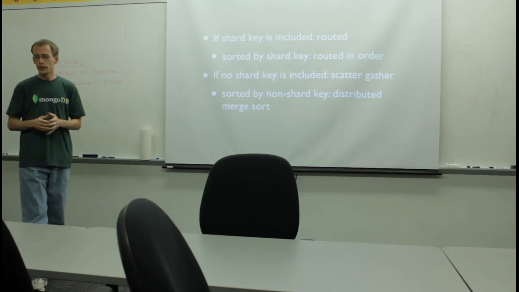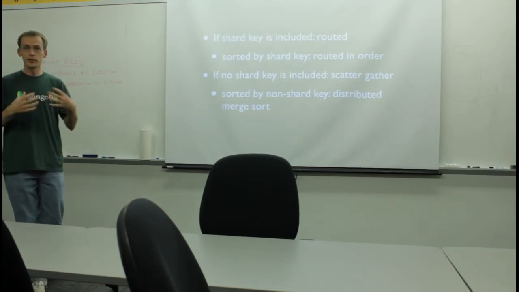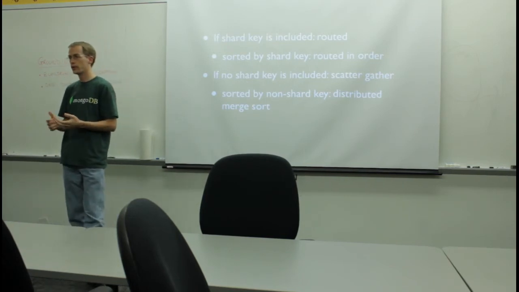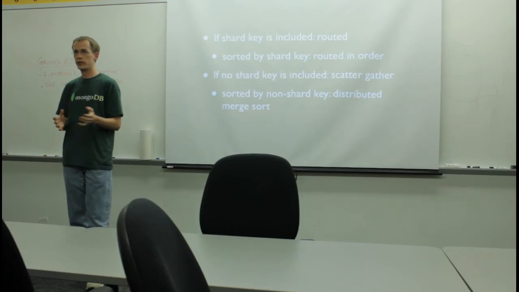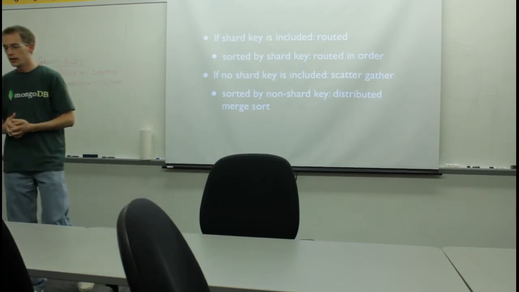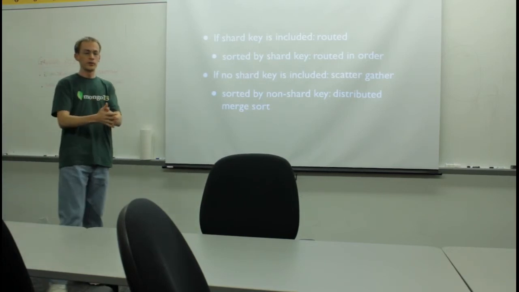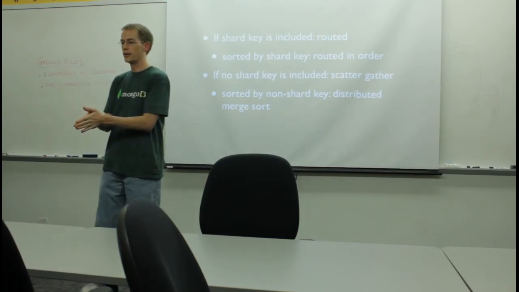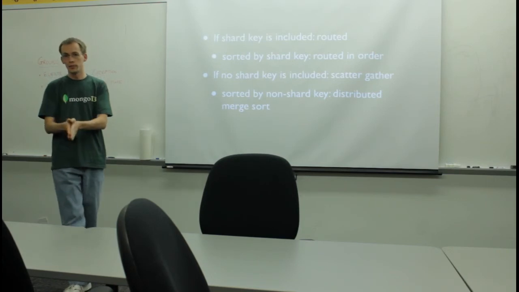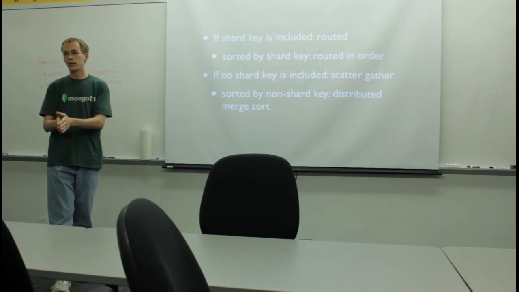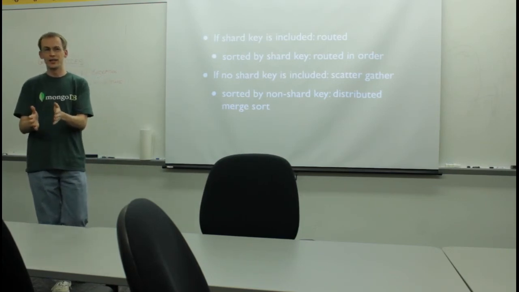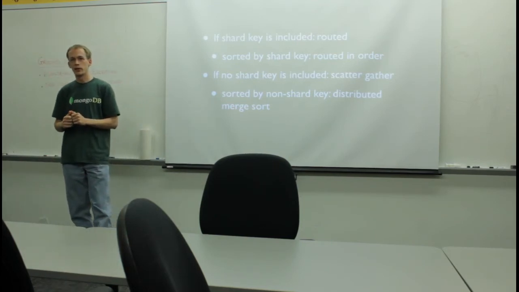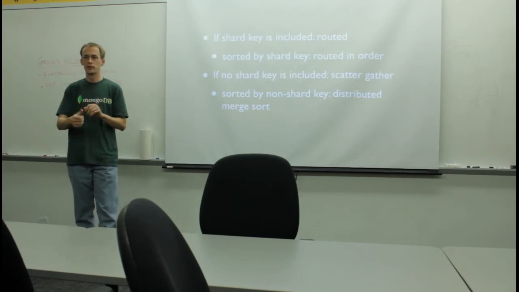If the shard key is included in your query, if it's a routed query, basically, so if I'm querying on username, give me all the usernames that start with L, it can ship that off to the MongoDB process that has that data. That MongoDB process can return them, and it's probably going to have them sorted, maybe not, but it could sort it itself and then return it back as sorted data to the MongoS process, and all the MongoS process has to do is just send it back to you.